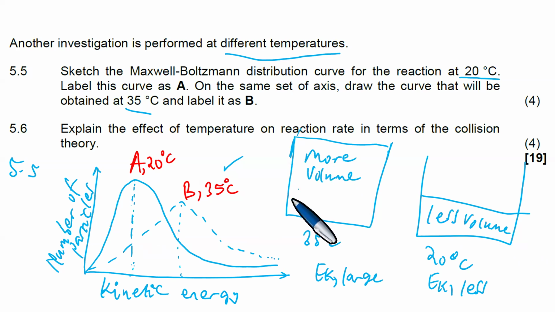But if the volume is more, then the perception that we get is that the particles are fewer because the volume is now more. When the volume is more, the particles have more room to play and so on.